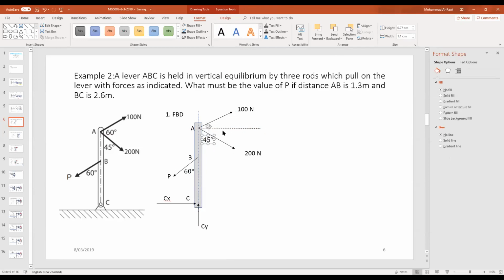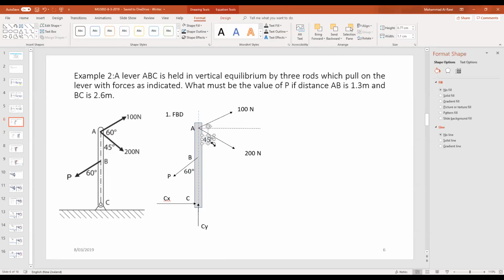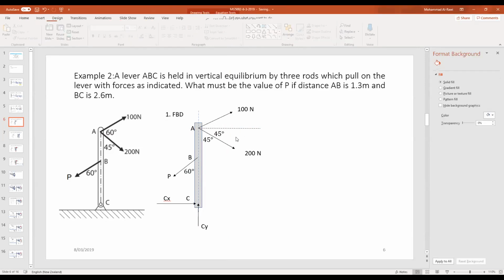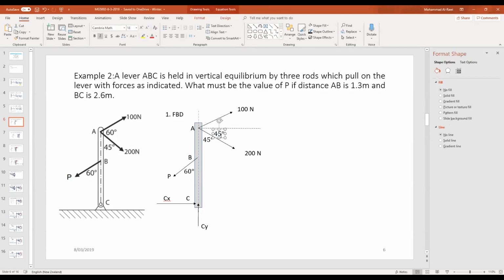So if this one is 45, what do you think this angle is equal to? 90 minus 45 is equal to 45, of course, perfect. Now, what do you think then is the angle between the 100 and the disconnected line? If the total of that is 60, 60 minus 45 will be 15, perfect.